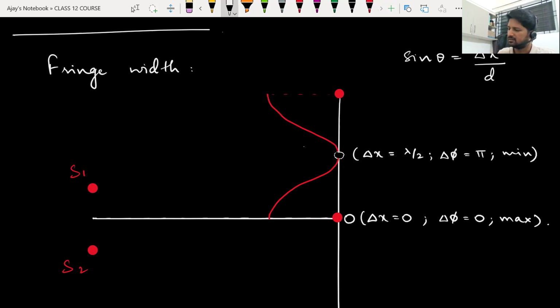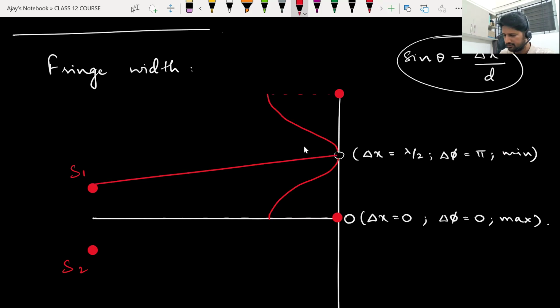Theta, like you said, sine theta is equal to delta x divided by d. Theta is the angular position of any point on the screen. For example, if you take the first minimum, that first dark spot that you see, the wave arriving from S1 travels a particular distance to get there. The wave arriving from S2 travels some other distance to get there. The extra distance traveled by one of the waves is what you call the path difference delta x.